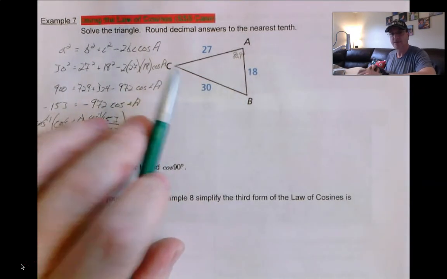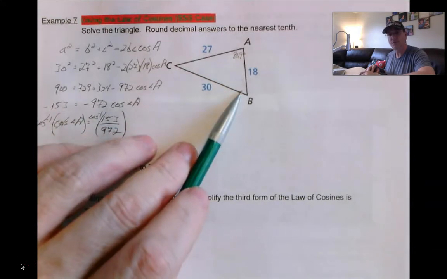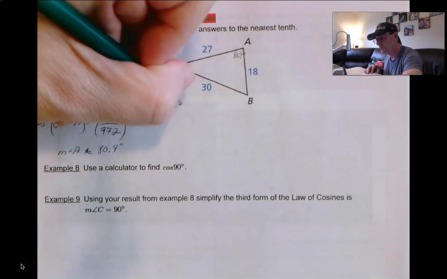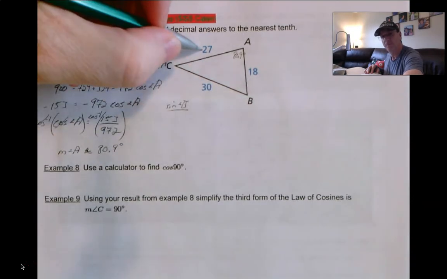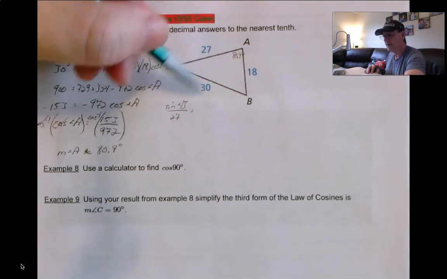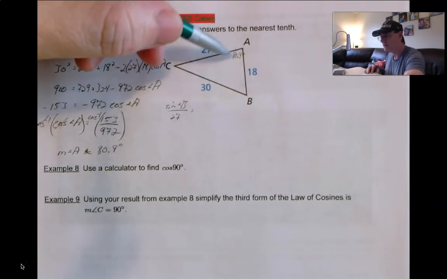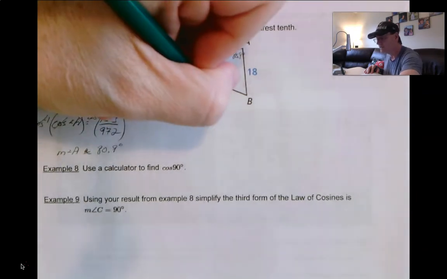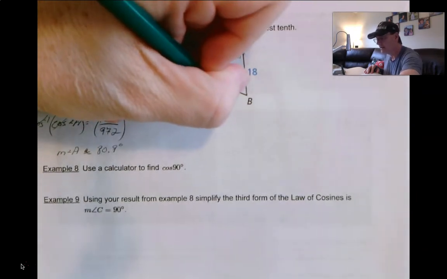It doesn't matter using law of sines. Go after B. So sine angle B over little b, which is 27, equals, I now have a complete ratio, sine of angle A, which we just found, 80.9 degrees.